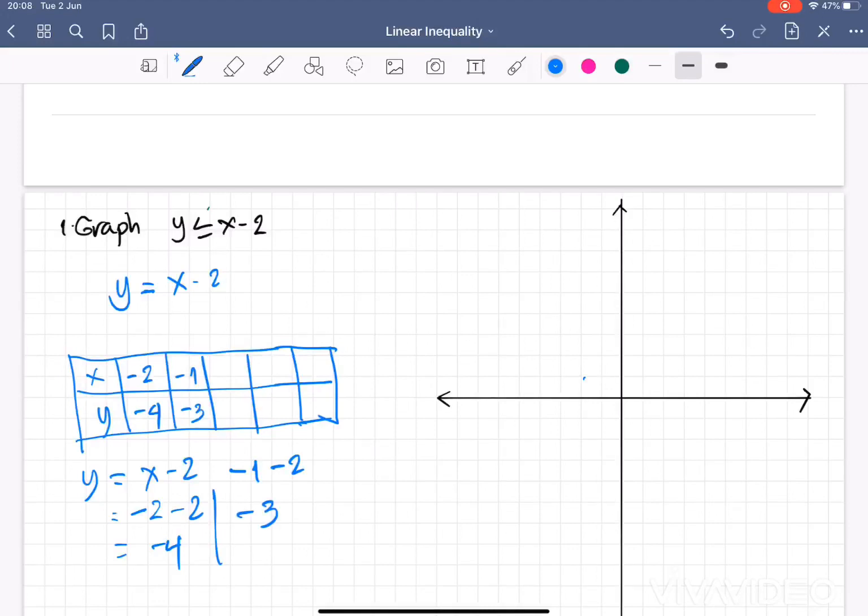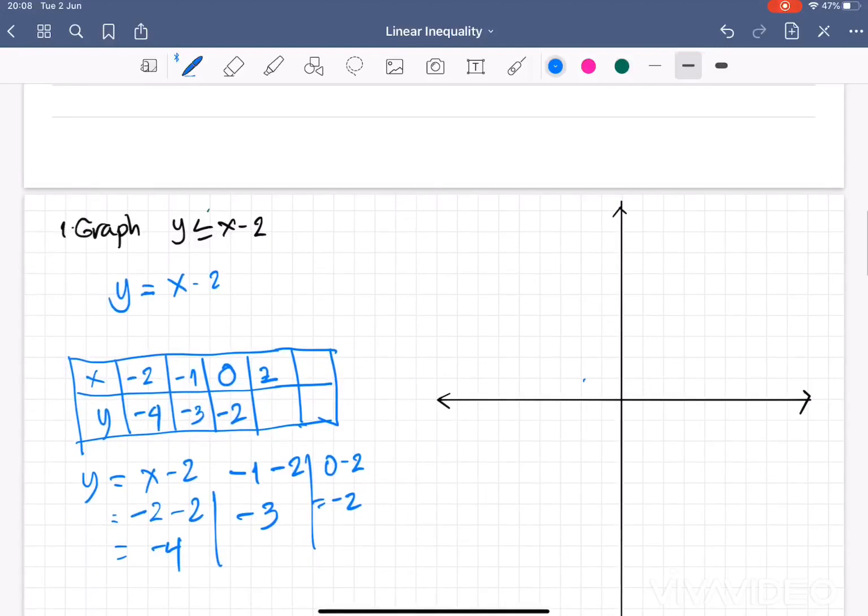Suppose I say that my x is equal to 0, for example. So I have 0 minus 2, that will give me negative 2. So y is negative 2. And you can assign any values for x, but I'll have positive 2, for example. If x is equal to positive 2, then 2 minus 2 will give me 0.